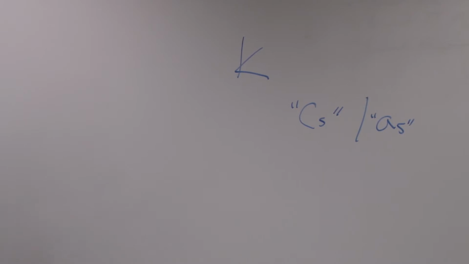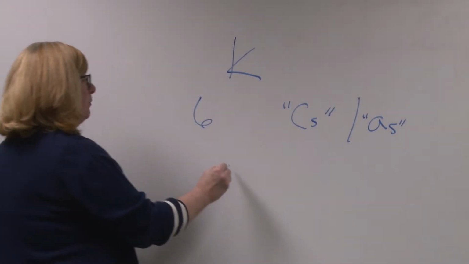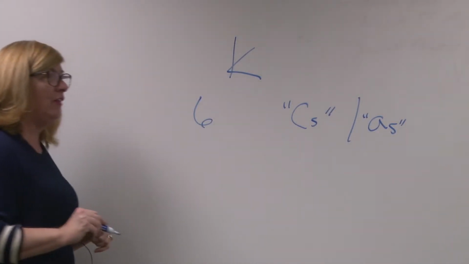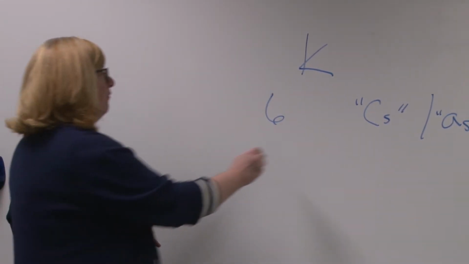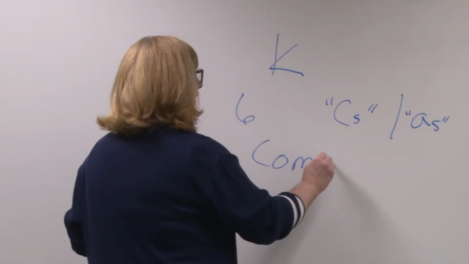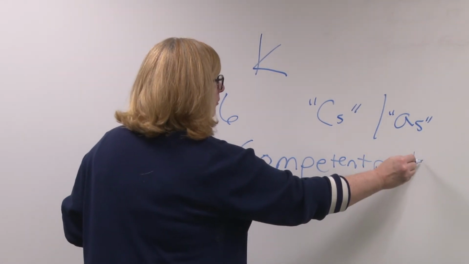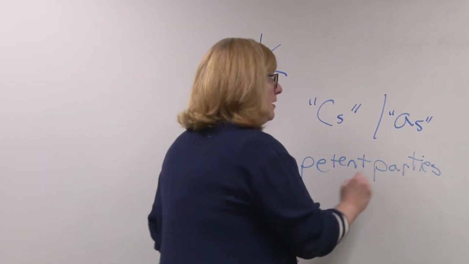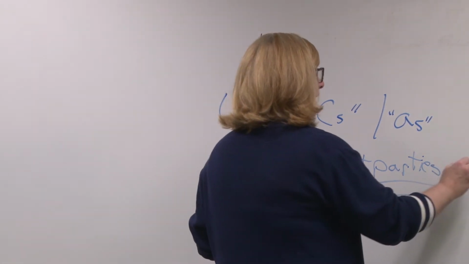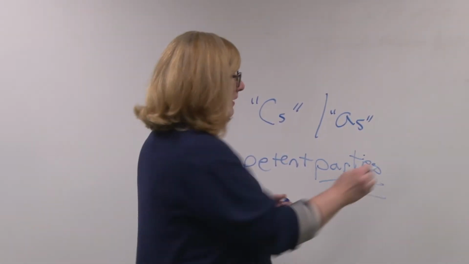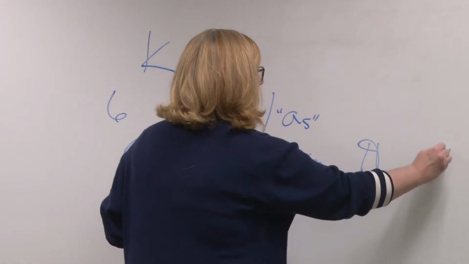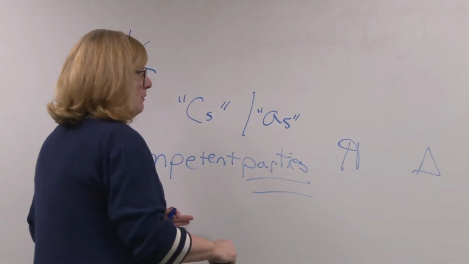And the 6 basic elements to start with, if you look in the textbook, tend to start with either the letters A or C. First element for a valid contract is competent parties. And more on competency in a little bit, but we do have parties. We will have like plaintiff and defendant like we've discussed before. But that tends to be when they get into litigation.